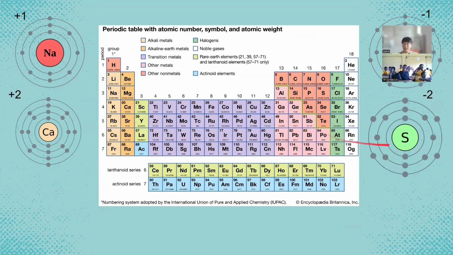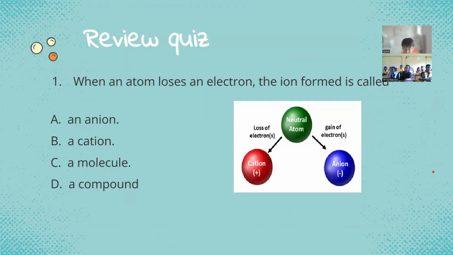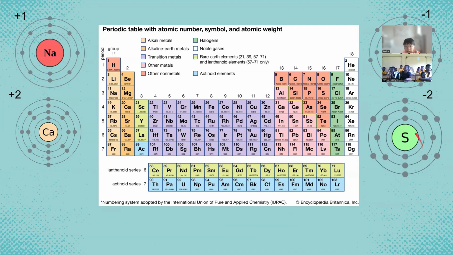And again, we can easily see this on the periodic table. On the left side, it tends to lose electrons. On the right side, it tends to gain electrons. That's all I want to say about ions.